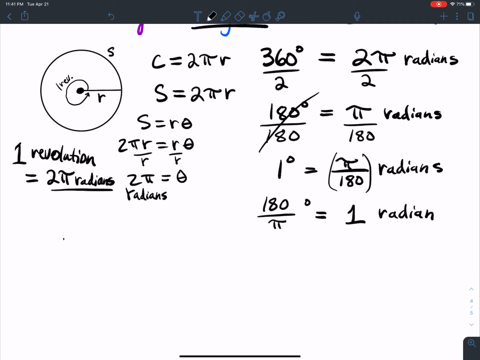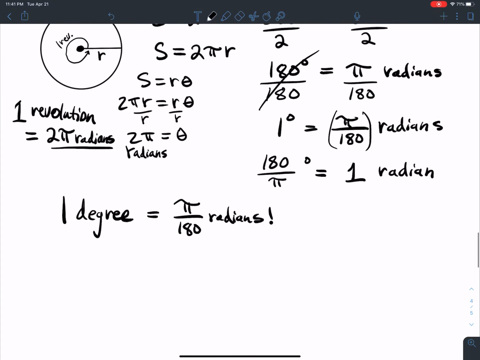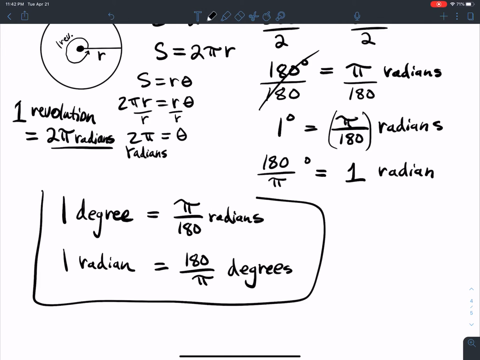Okay? So for 1 degree, this is pi over 180 radians. If I have 1 radian, then it's 180 over pi degrees. So those are my 2 conversion factors.